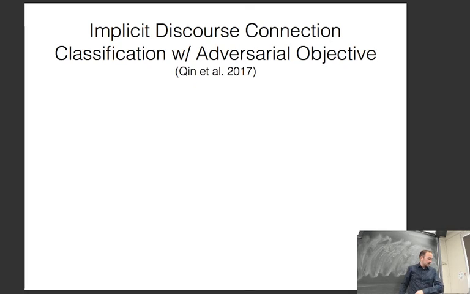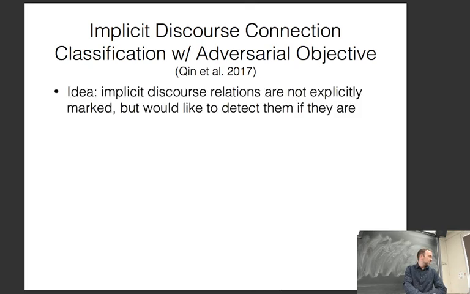This is the last slide on adversarial feature learning, but it's not really learning features so much. It's a very clever application, I thought, though. The idea is basically that in discourse parsing, which we're going to talk about maybe next Tuesday, or Hector's going to talk about next Tuesday, you have an idea of discourse connectives or discourse relations.